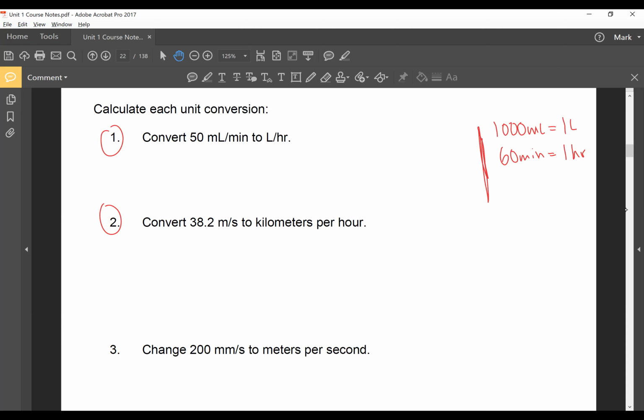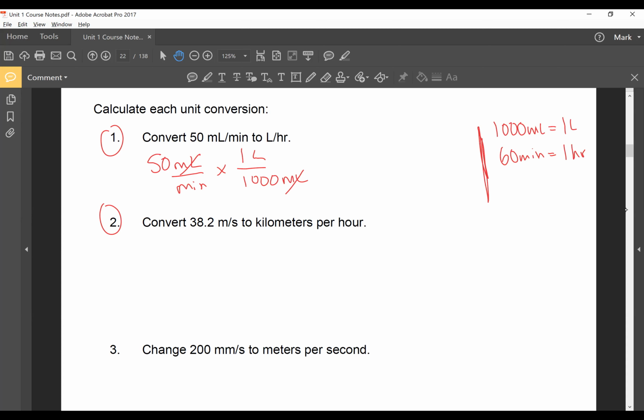Pretty straightforward. There's 2 conversions here. So 50 milliliters per minute. First thing I'm going to do is change my milliliters to liters. So 1 liter over 1,000 milliliters. The reason I set up my fraction like this is to get the milliliters to cancel.